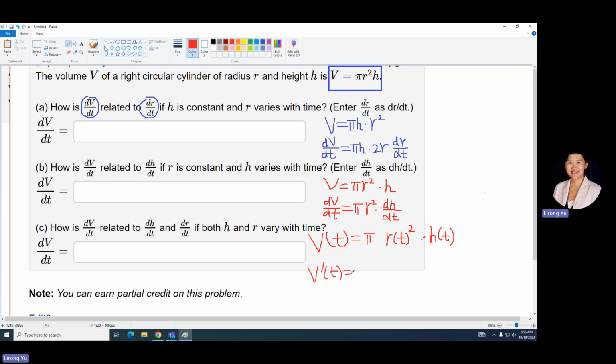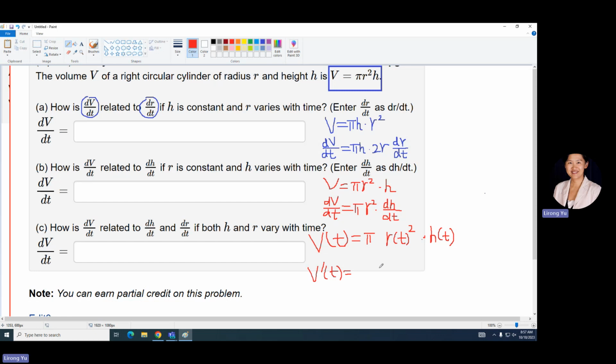The derivative of the volume, if you're solving it, you have to do the product rule. One function, another function. According to the product rule, you differentiate one times the other one, plus not differentiating this one and multiplying by the derivative of the other.